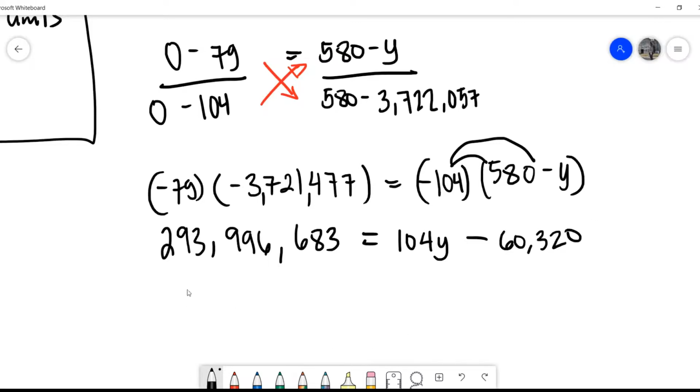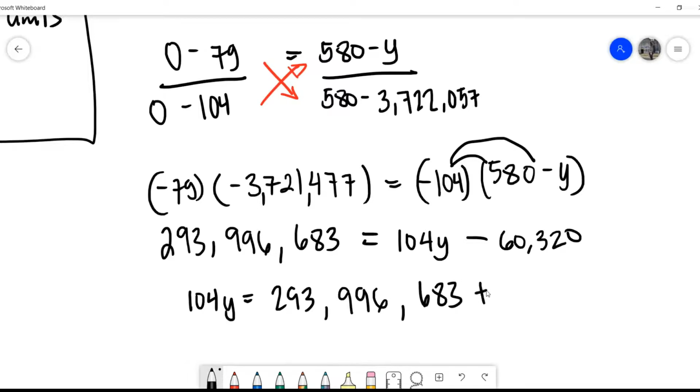Simplifying, 104y will be equal to 293,996,683 plus 60,320.